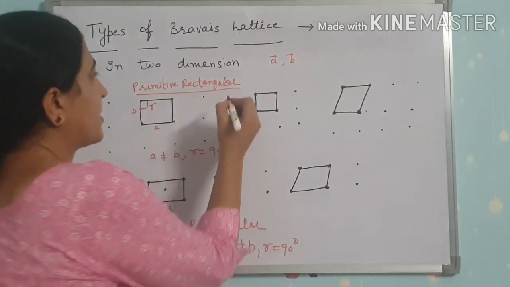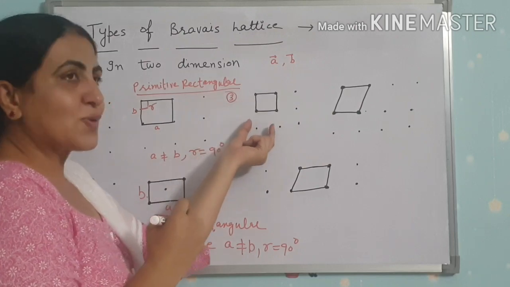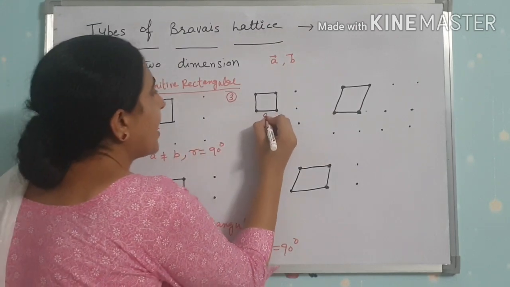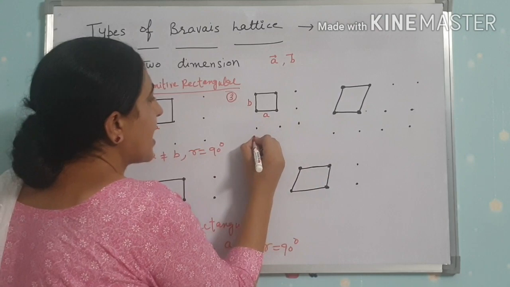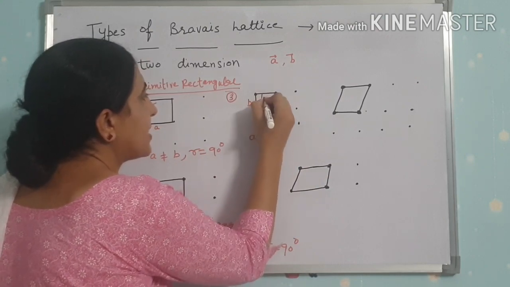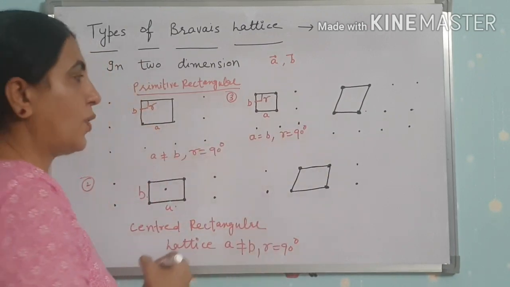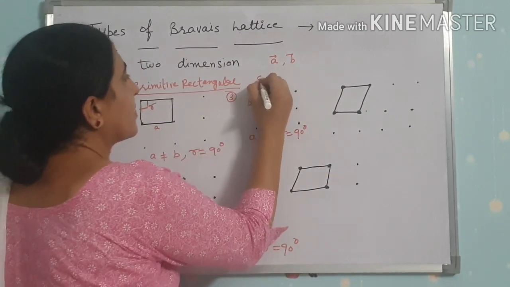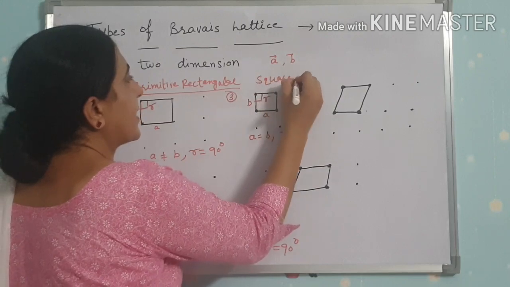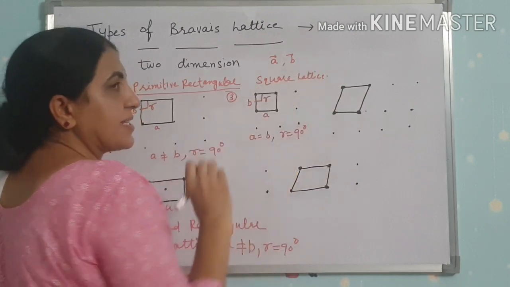Then the third. This is like a square, with a and b, and here a is equal to b, and the angle gamma is equal to 90 degrees. So this is the square Bravais lattice.